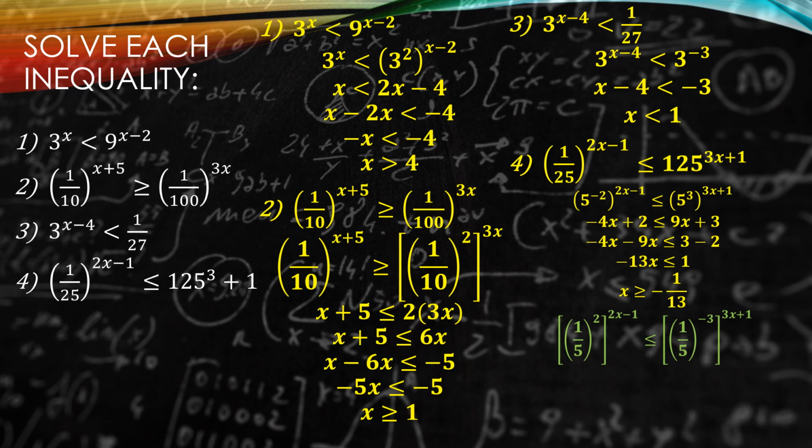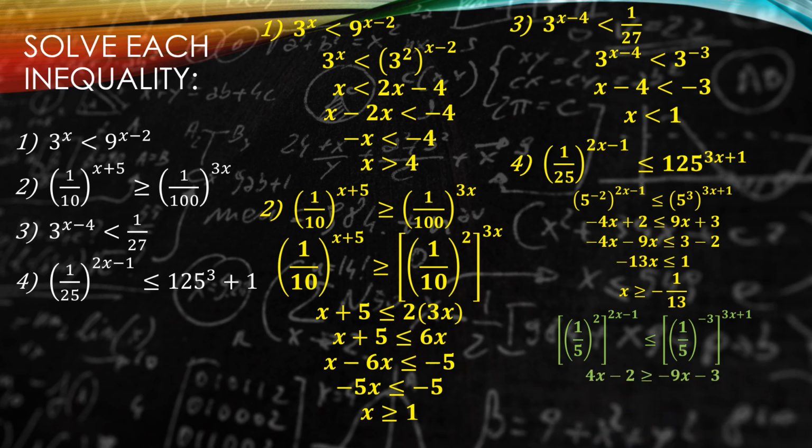So, 1/5 raised to 2 ang ginamit ko, that's equal to 1 over 25. Dito naman sa right side, ginawa ko ding 1/5 ang base niya. So, 1/5 raised to negative 3, the answer is 125. The same na ang kanilang base, ibig sabihin, mag-flip ang ating sign.